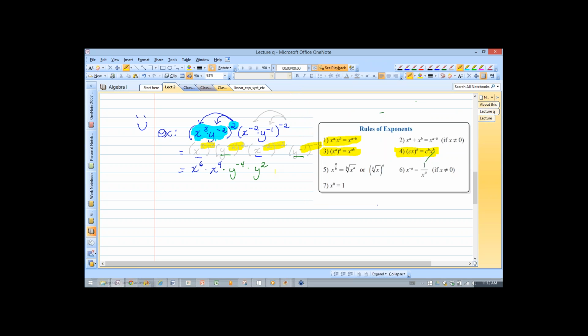Remember, we have to have a base of x on both. Next step, we can add that 6 and 4 and tack it onto a single x factor. So x to the 6 plus 4 is 10. And then finally we would have y to the -4 plus 2, right?